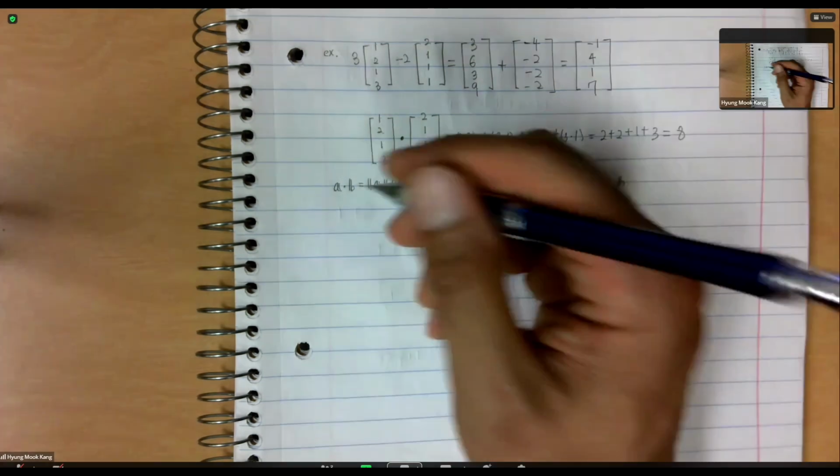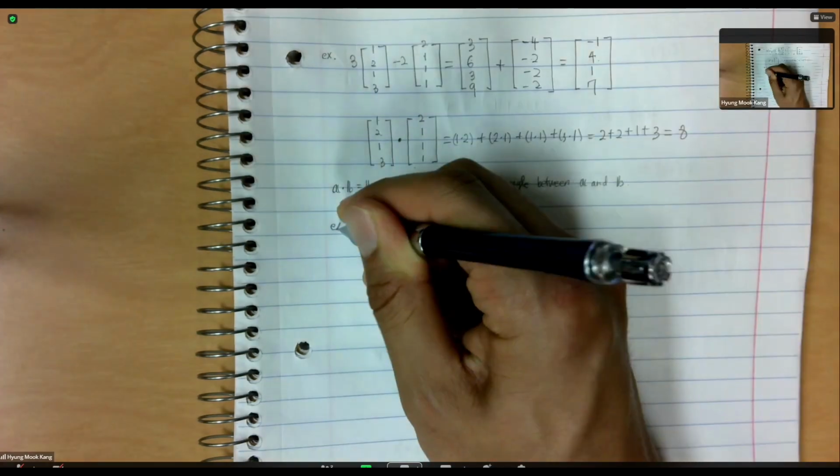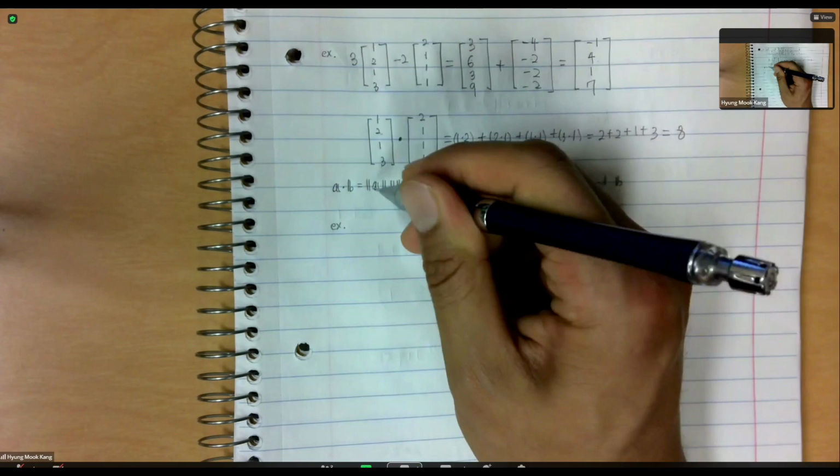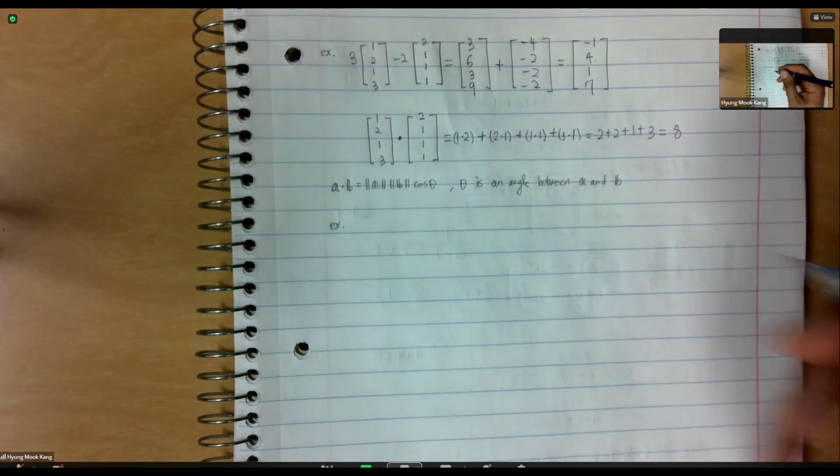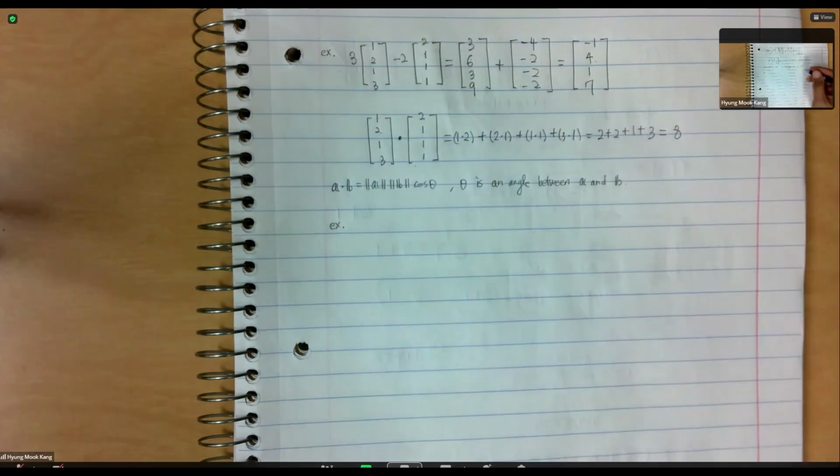Before we go to an example, I'm going to show you what this length is and how to calculate this angle.